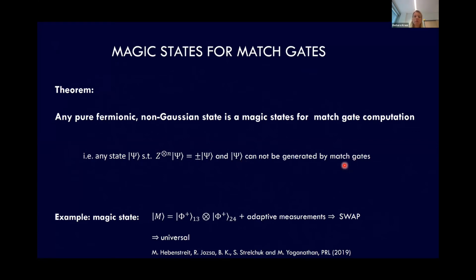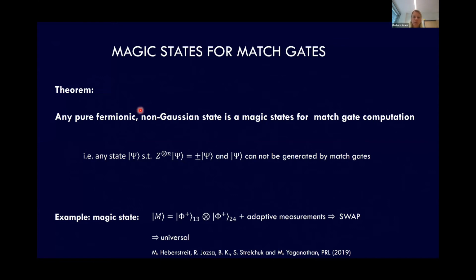So fermionic means basically that you can transform the state to any state where you need it, so where you need to apply a swap operation. So for this, it has to be fermionic. Actually, you can show that this is a necessary condition. And non-Gaussian means that it's not for free. So actually, the pure fermionic non-Gaussian states are the largest set of states which could possibly be a magic state for match-gate computation.